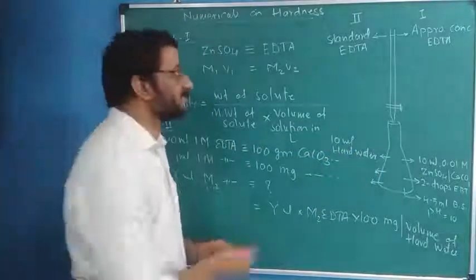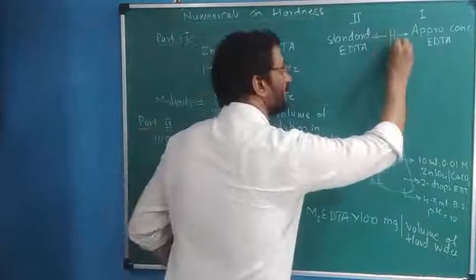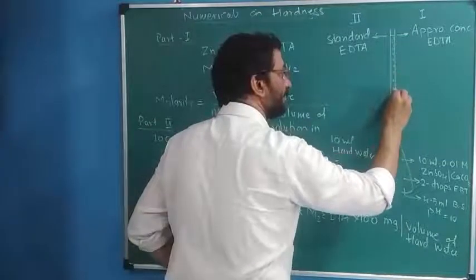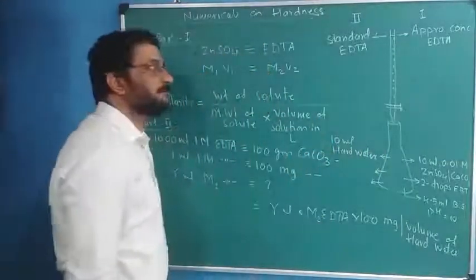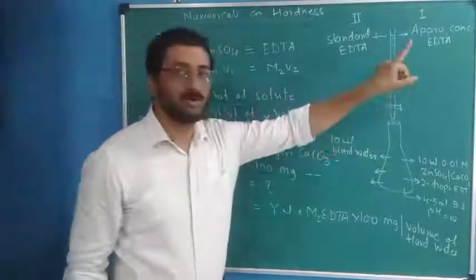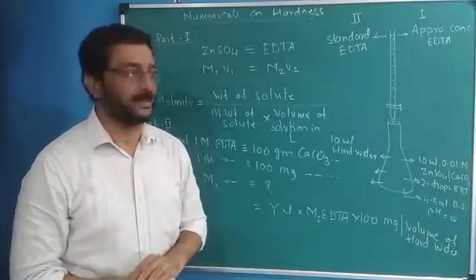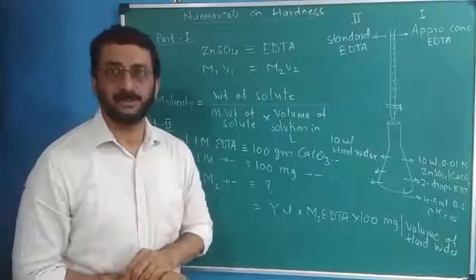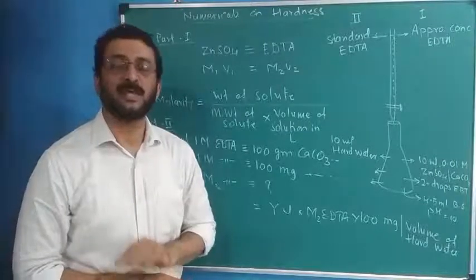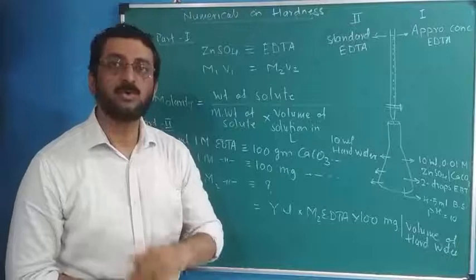For that purpose, to know the exact concentration of EDTA, in this 25 ml burette we have taken approximate concentration of EDTA, or say unknown EDTA whose concentration is not exactly known to us. We want to know that.